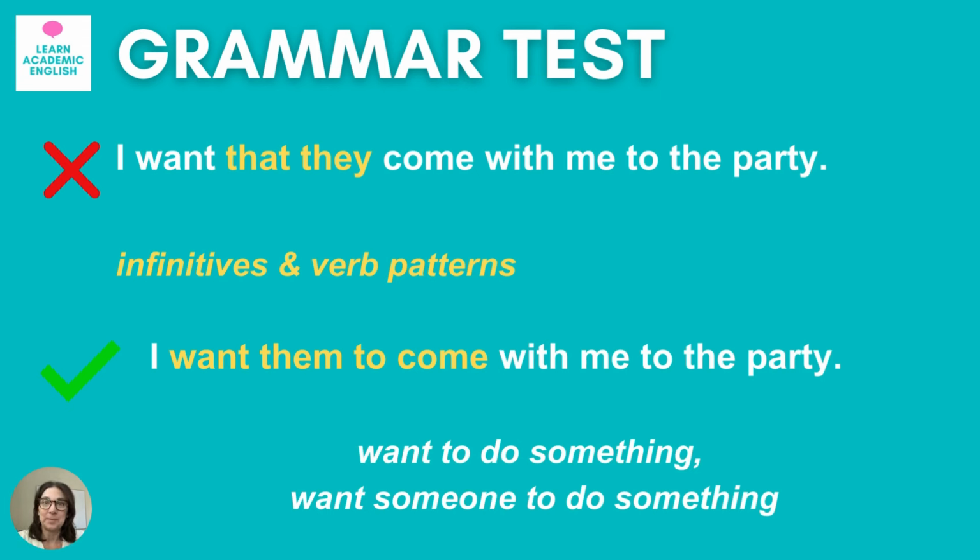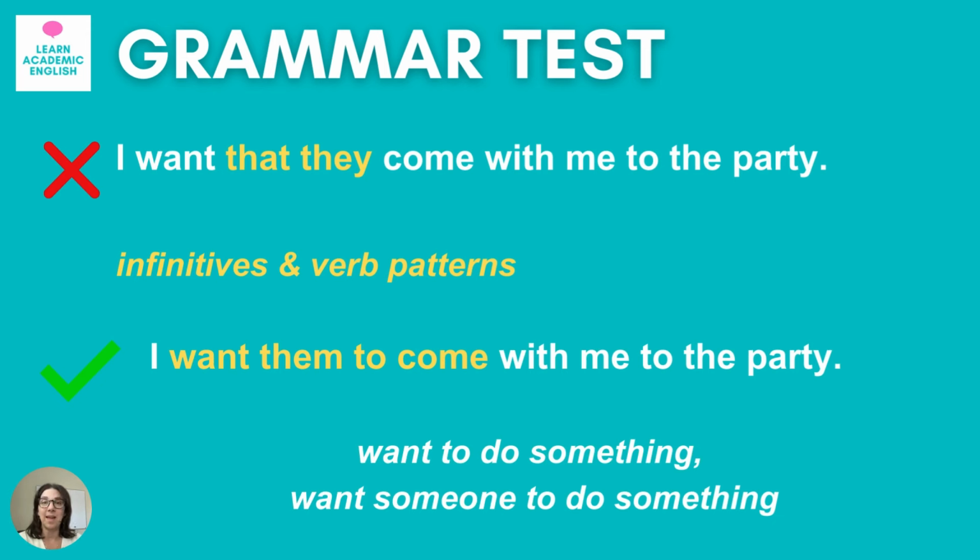What is the problem here? Well, this is an example of what we would call a verb pattern. The verb want doesn't take a clause with that. Instead, the verb want takes an infinitive. And if the person needs to be included, then we use the object pronoun.